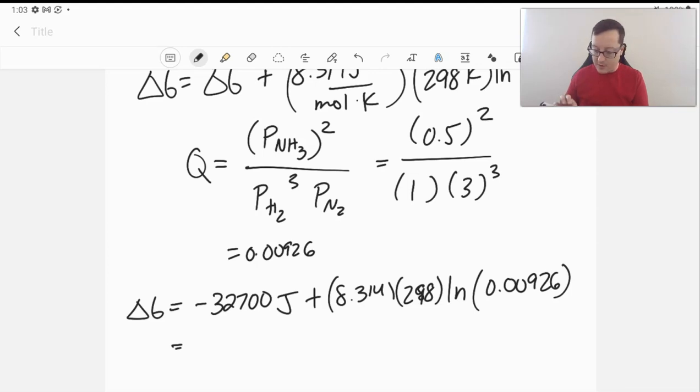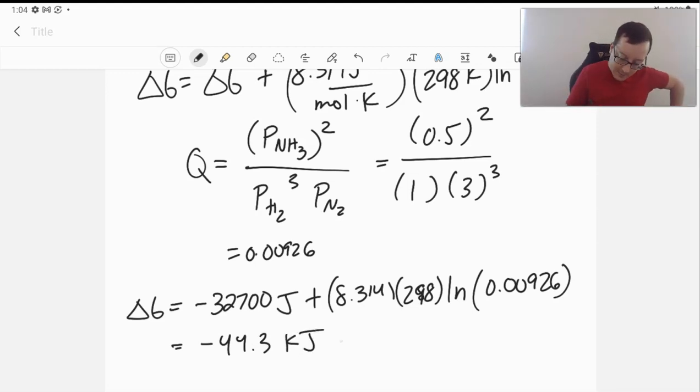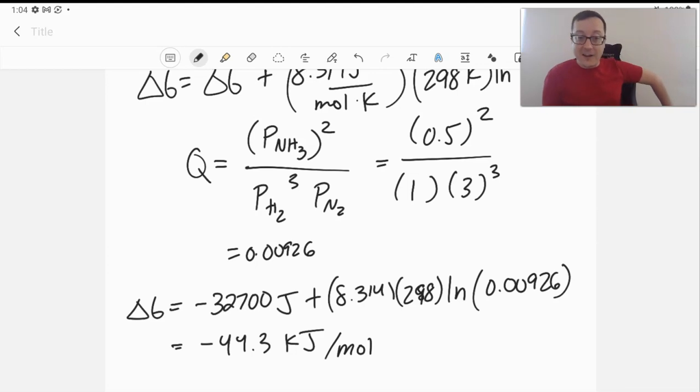Add that to our negative 32,700. We get, in fact, negative 44.3 kilojoules per mole. So, this is in fact definitely more spontaneous towards our equilibrium. It's going to go further forward in producing those products.